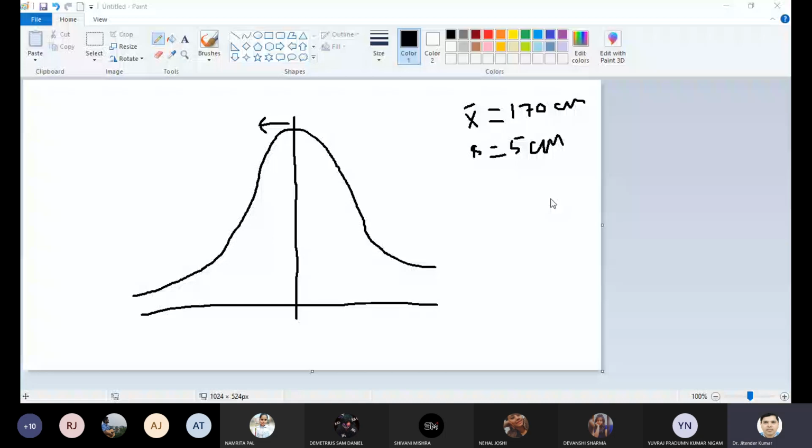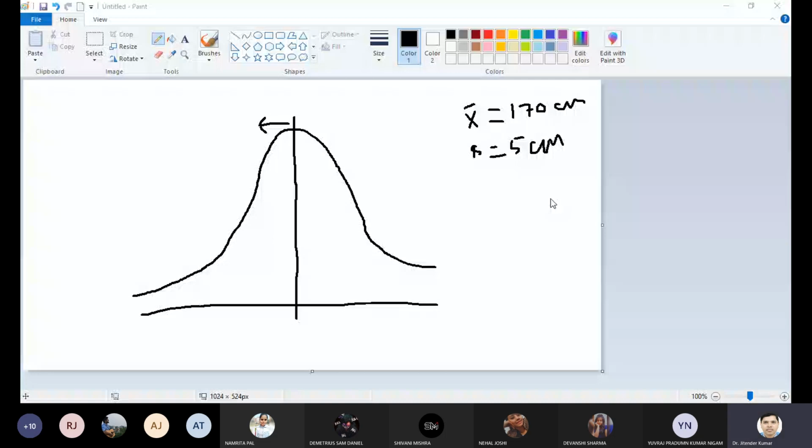So what I was telling you guys was, if we see the distribution of our measurement, so we find a bell-shaped curve.